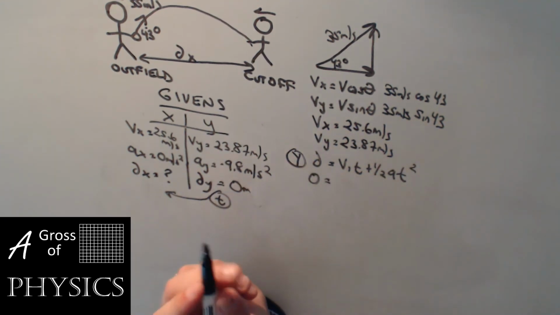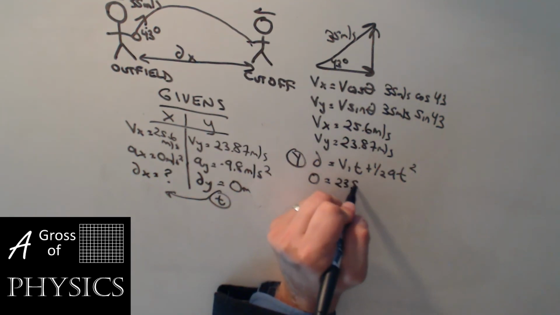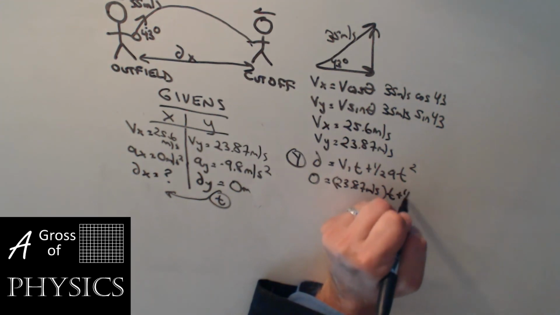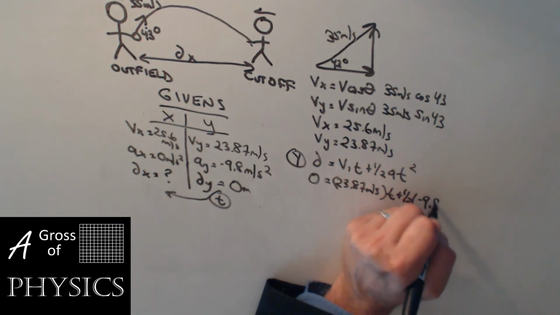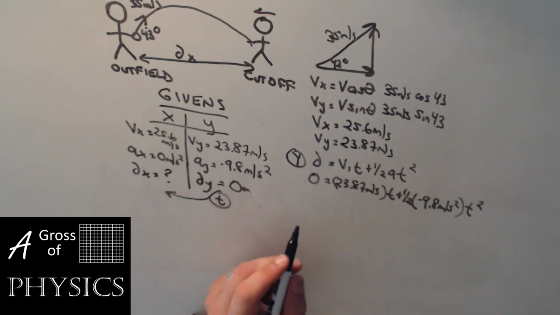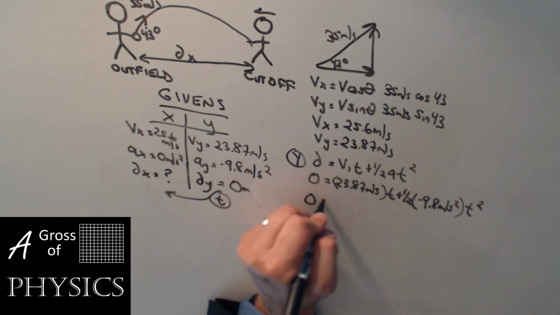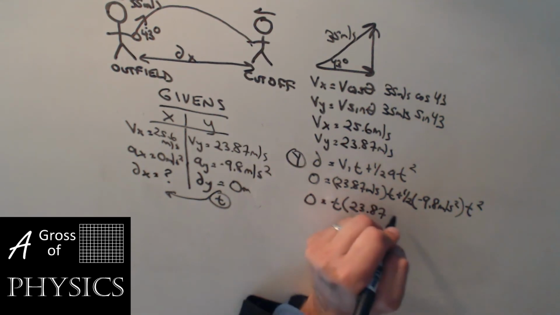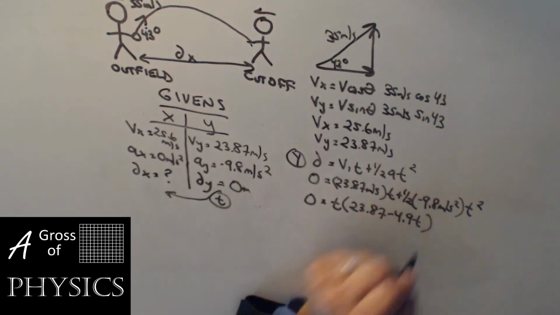0 equals 23.87 meters per second times t plus 1/2 negative 9.8 meters per second squared t squared. I'll factor out a t, so 0 equals t times 23.87 minus 4.9 t.